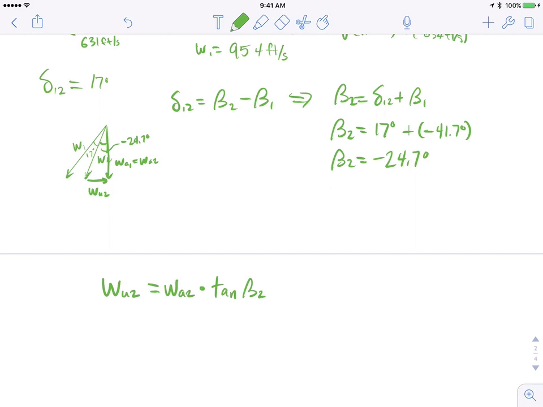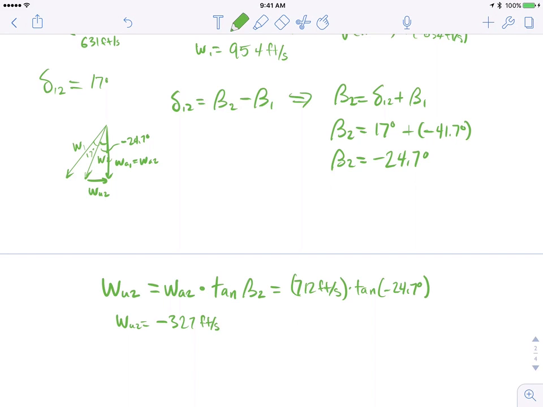So that's again 712 feet per second times the tangent of minus 24.7 degrees, and that will tell us our new tangential velocity is minus 327 feet per second.